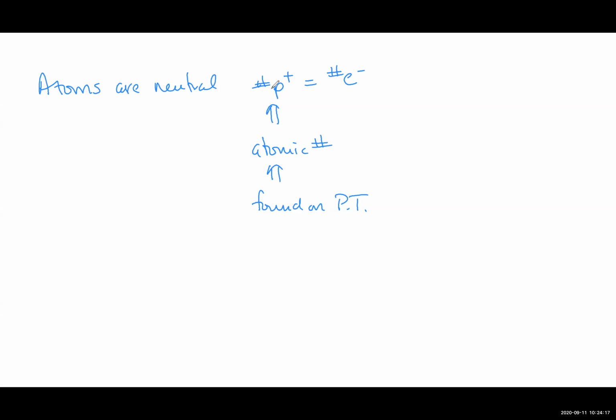Now there are other things, and we're going to talk about them in much more detail in upcoming videos. Not all things have the same number of protons as electrons. If they are not neutral, then what we're going to talk about are things called ions. Ions have an overall charge.